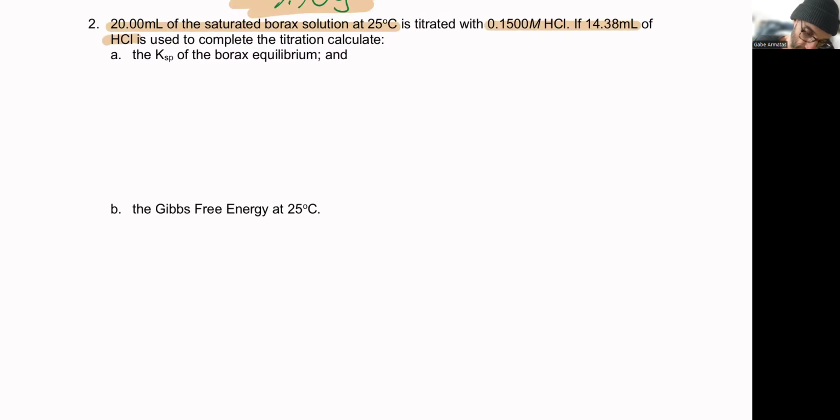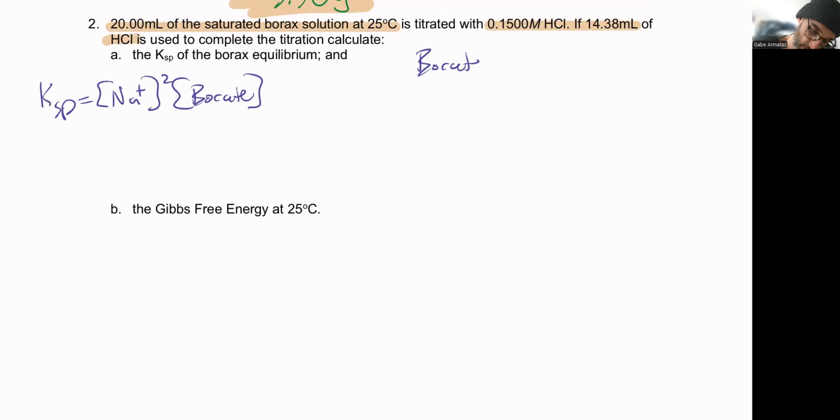Okay, so in order to get KSP, again, we know it's going to be sodium ions squared times the borate. When you're doing a titration, you always have to represent the titration. So my titration was the same one from the lab. The borate plus HCl yields products. I don't really care about the products, but I do know that it is a 2-to-1 ratio.